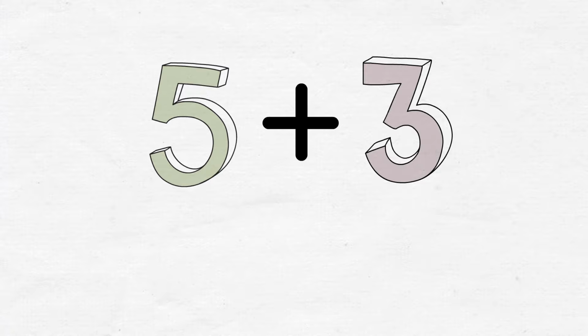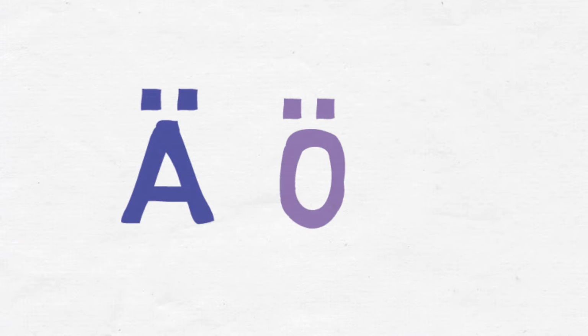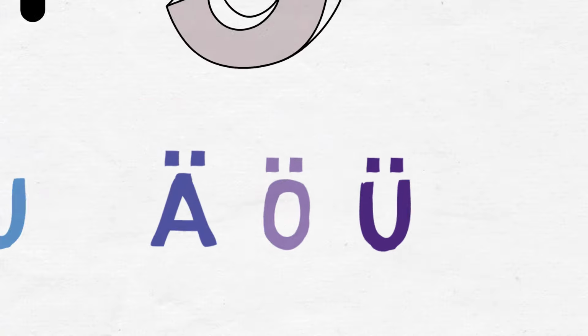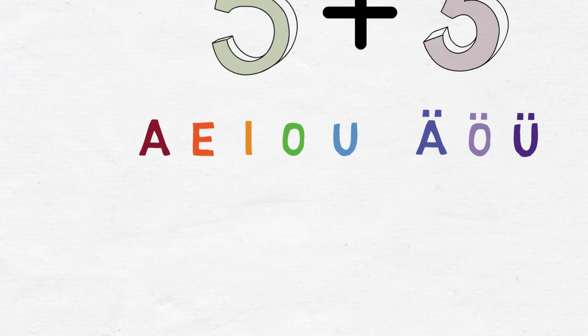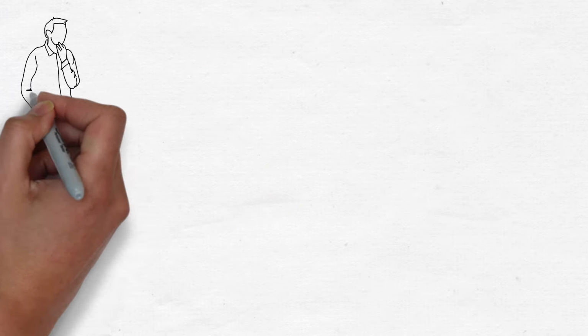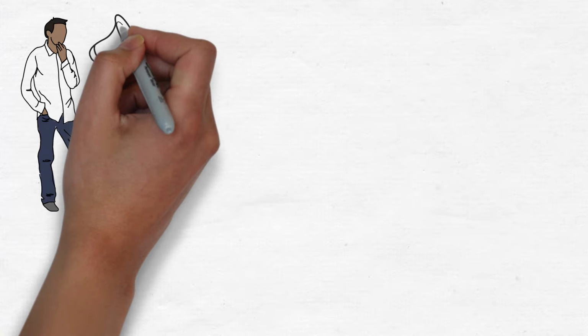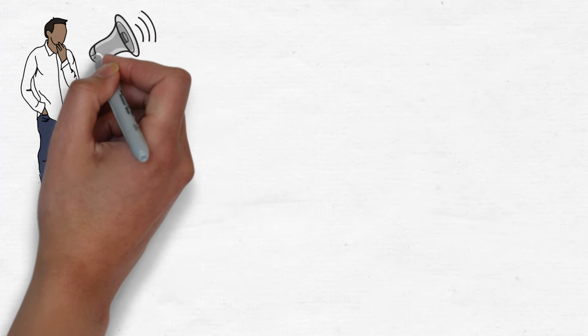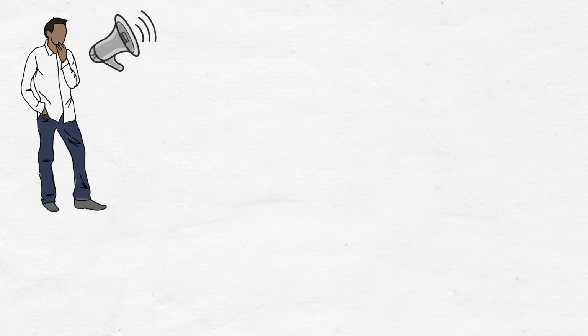The German vowels are A, E, I, O, U, A umlaut, O umlaut, and U umlaut. If you've watched the 4th video in this series, you should be happy with the sounds of these vowels. I would therefore suggest that you look at these words and think about how they would be pronounced. Feel free to pause the video between words if you'd like a moment to think.